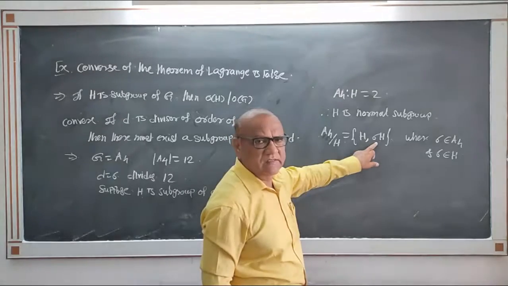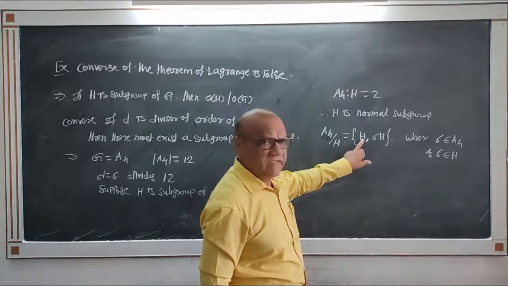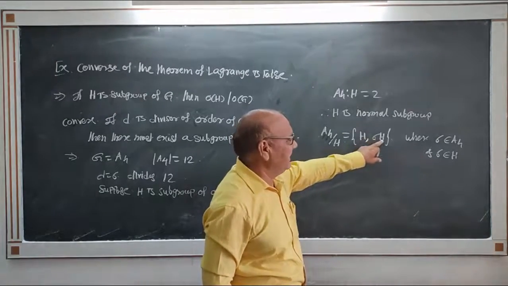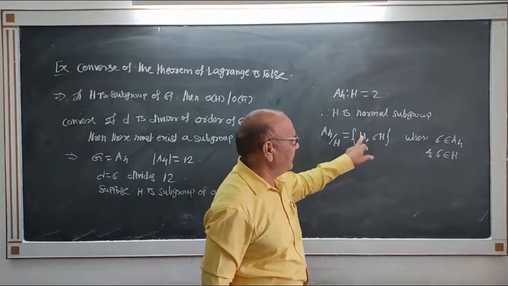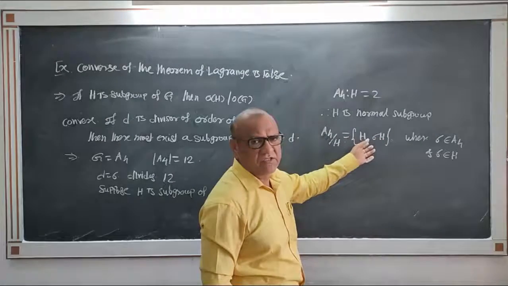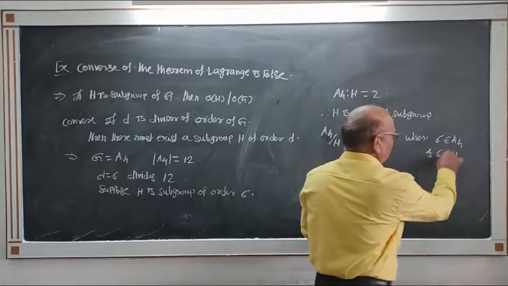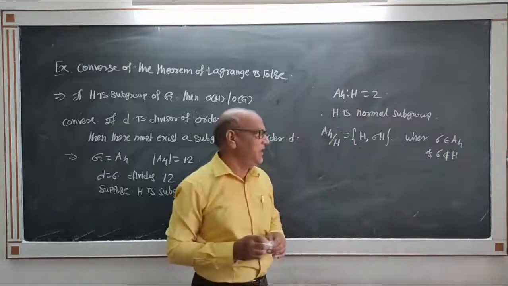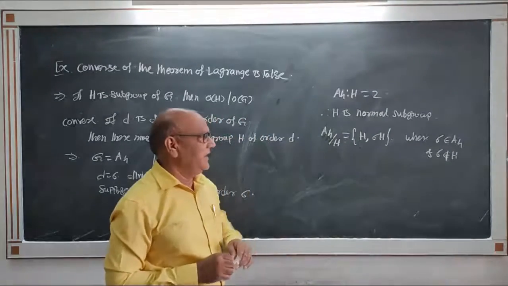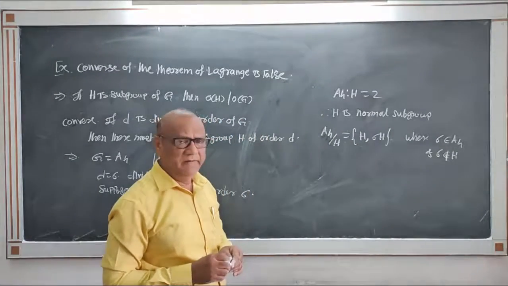Two cosets, one is H itself and the other is sigma H, where if sigma belongs to H, then sigma H is equal to H. So sigma does not belong to H. Okay.